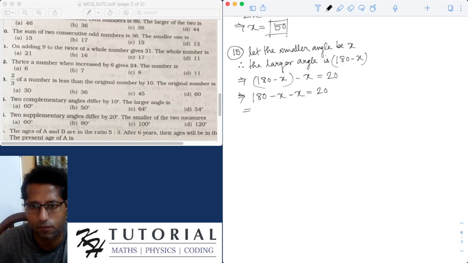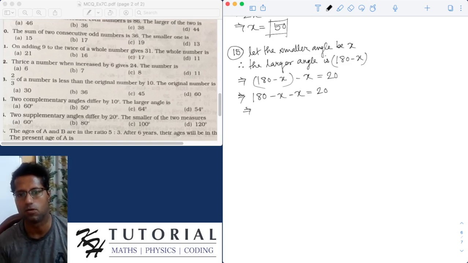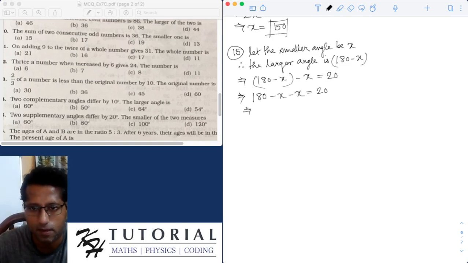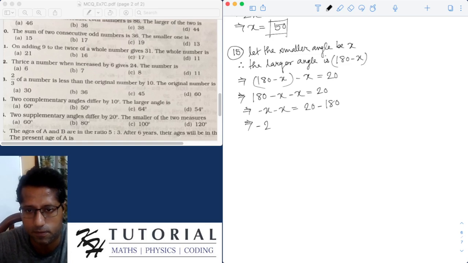Now if we keep the variable terms on the left hand side and bring all the constant terms to the right hand side, we get minus x minus x equals 20 minus 180. After further simplification, it becomes minus 2x equals minus 160.